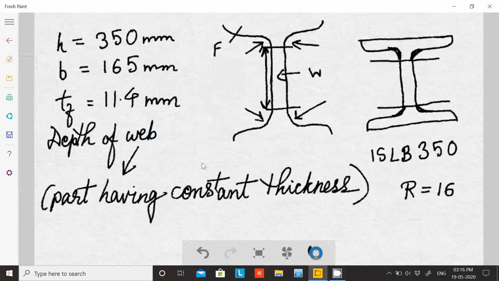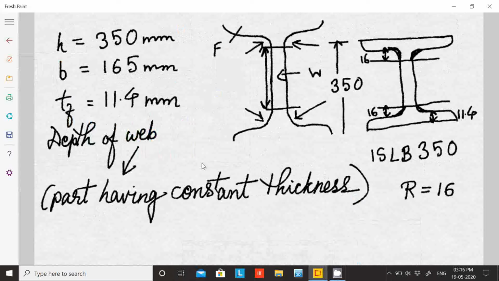This part is 16, this part is also 16, and flange we know is 11.4. When we have to find out the depth of the web, the total depth is 350, right?